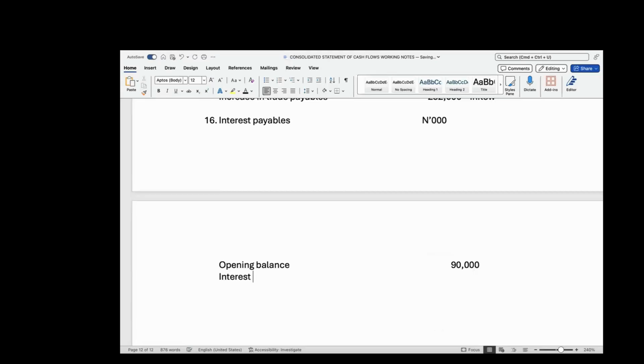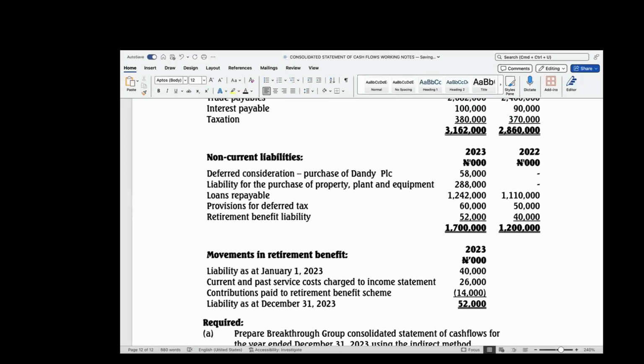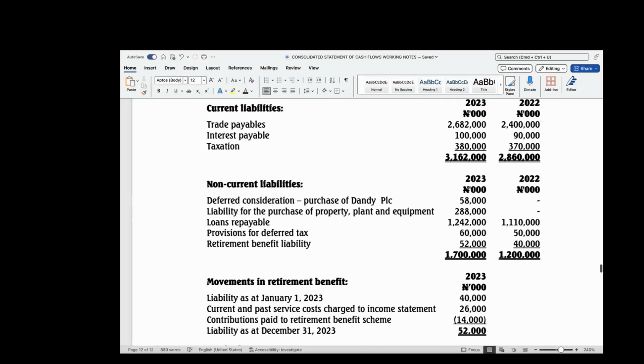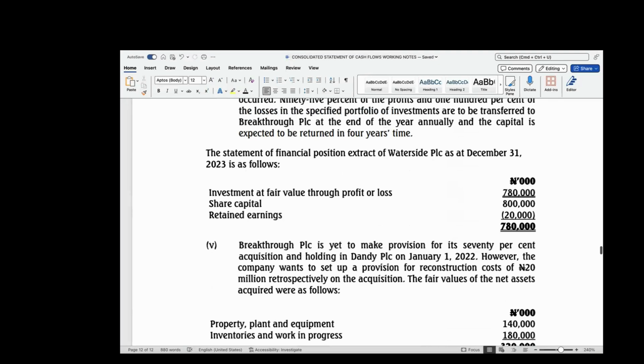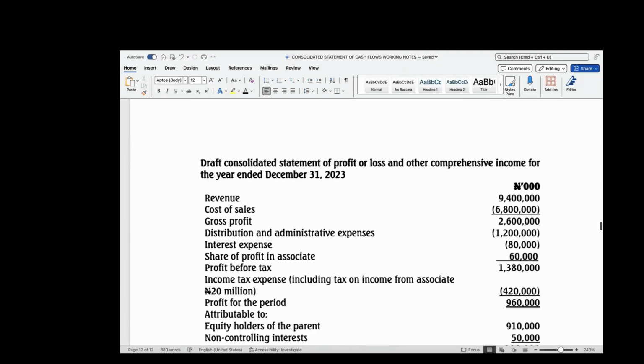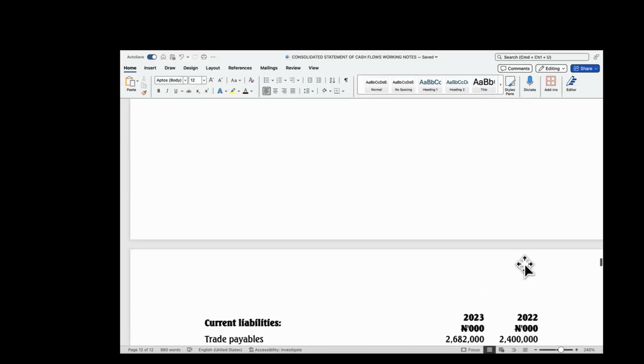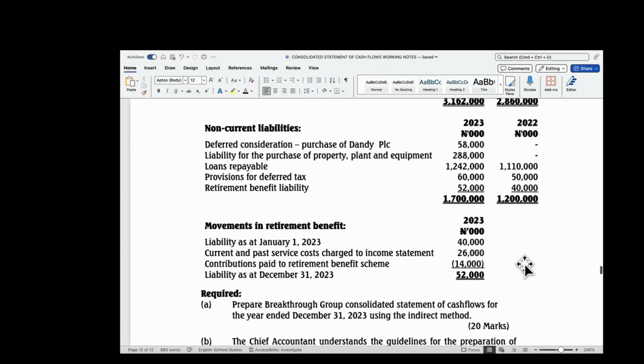What was the interest expense for the year? Interest expense for the year is 80.